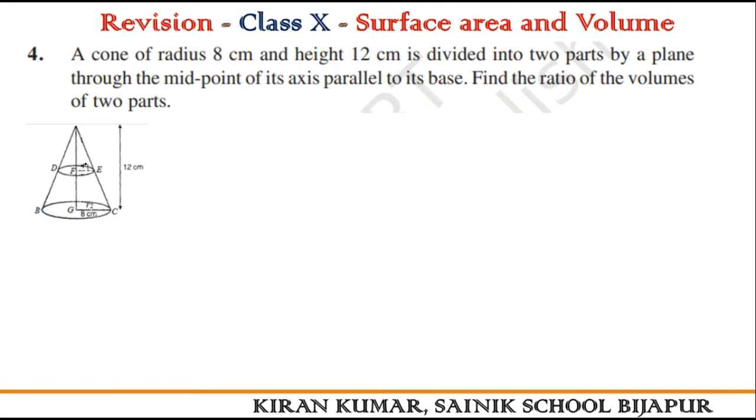Here R1 be the radius of the upper base, R2 be the radius of lower base. They have given radius of cone is 8 centimeter, so the value of R2 will become 8 centimeter. The height of the cone is 12 centimeter.